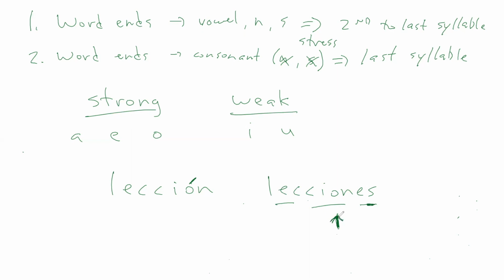Well, that's where it is already, right? That second to last syllable has that diphthong, the IO, and the strong O is going to take the stress. So it's fine. We don't need to write an accent. Lecciones, it's spelled correctly. So when it's plural and we've added that syllable, the written accent isn't necessary, so it goes away. All right. So this is the basic rule of written accents and word stress in Spanish.